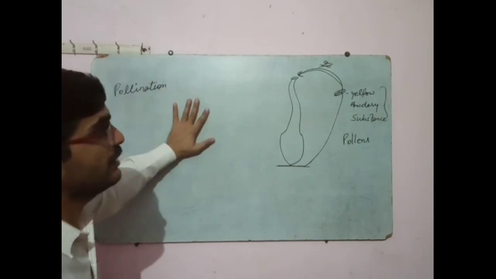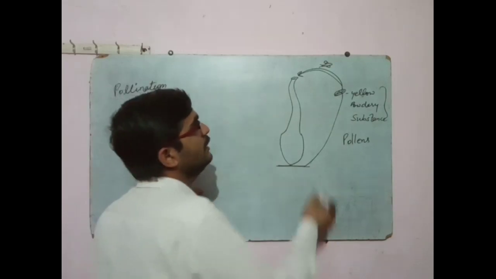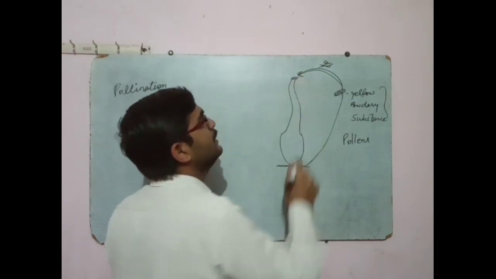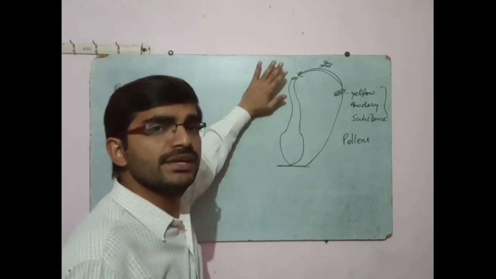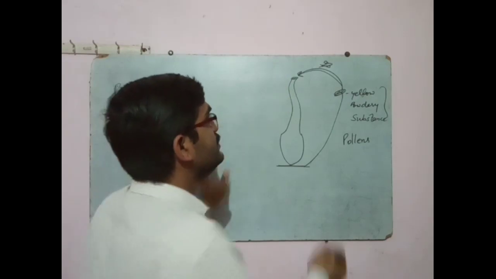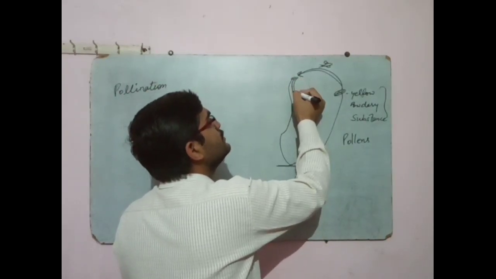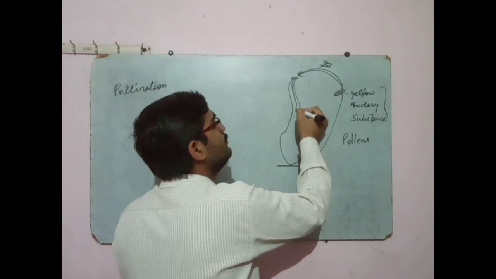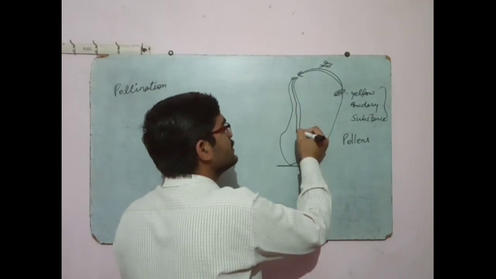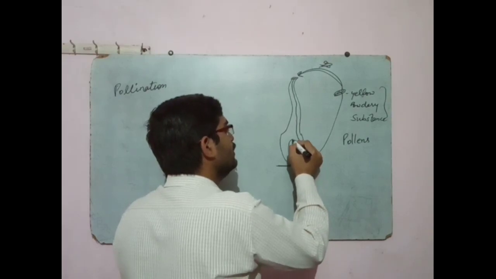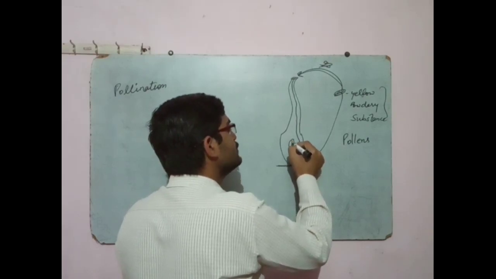Now what happens in this pollination, when the pollens are transferred to stigma, this is sticky in nature, that's why they get stuck, and these pollen grains grow a tube that is known as pollen tube, which comes in the style and goes to the ovary, where in the ovary there are ovules.